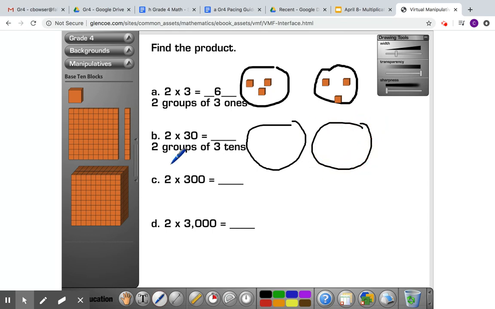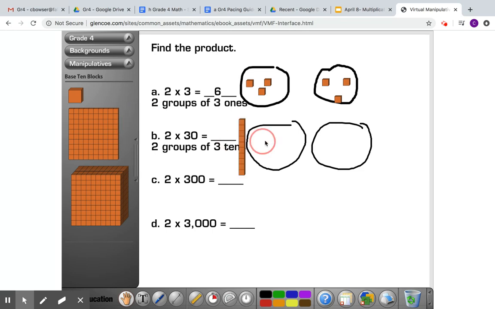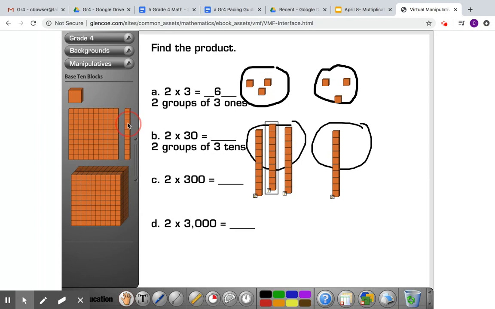And I'm going to place 3 tens in each one because 30 is equal to 3 tens. So 1, 2, 3. And then in my other group, I'm going to put 1 ten, 2 tens, now 3 tens. So I have 2 groups, 1 group and 2 groups of 3 tens. So each group has 3 tens.